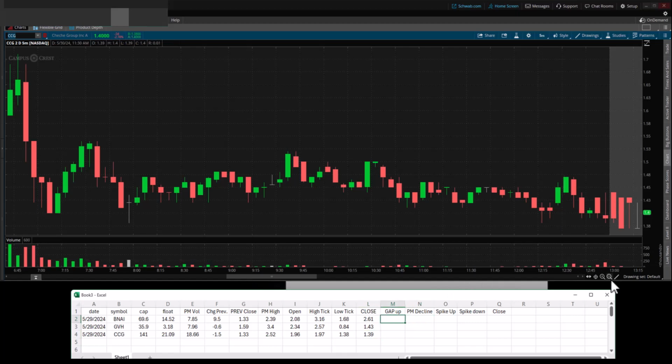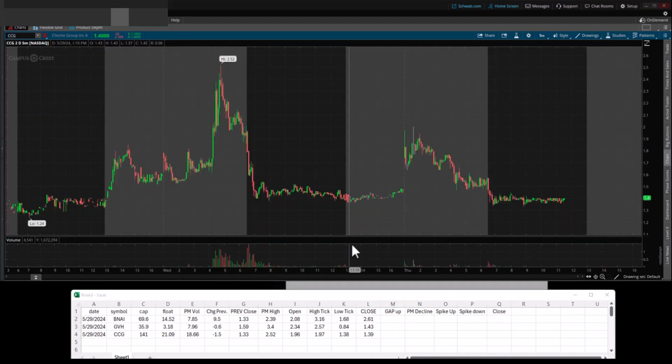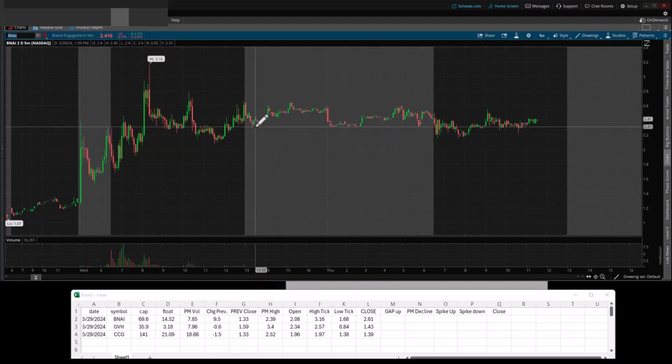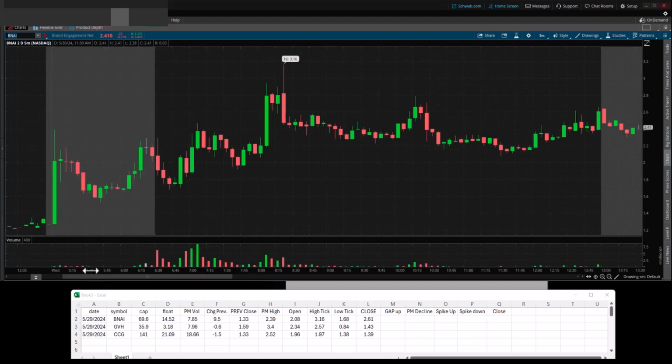Okay, now your gap up. This is pretty much how much it gapped from the prior day close, BNAI. What we're going to do is get a formula: equals the previous close minus the pre-market high divided by the previous close.